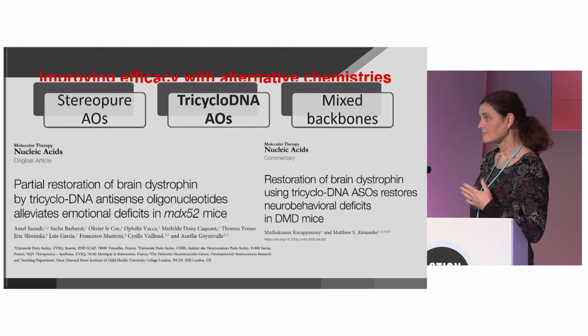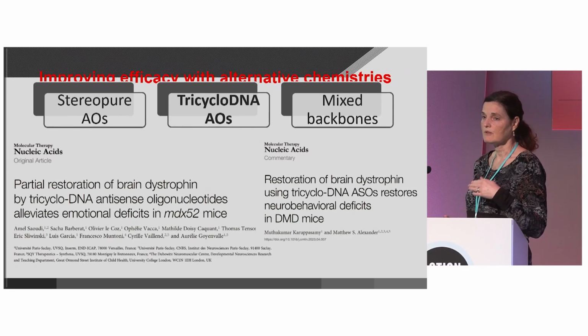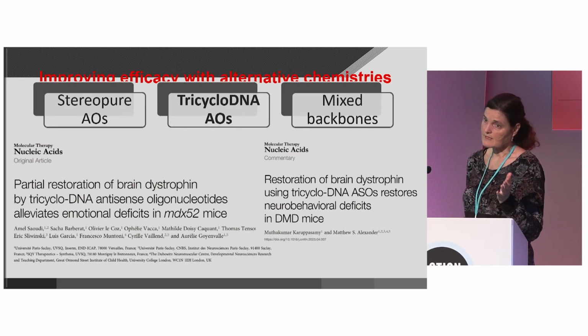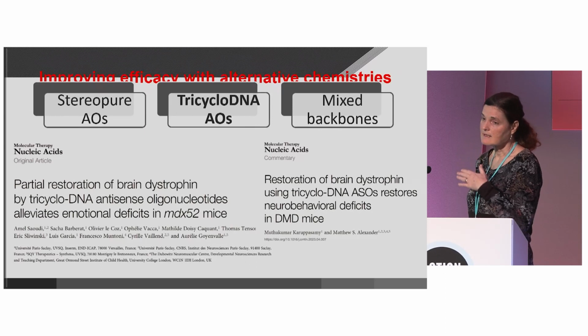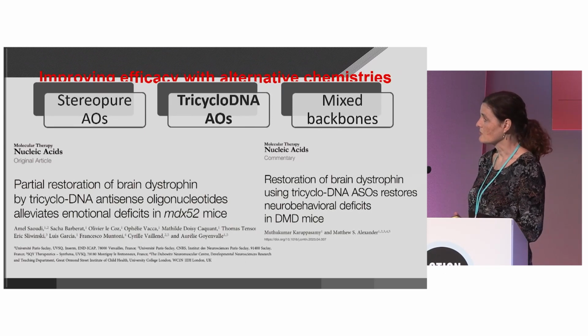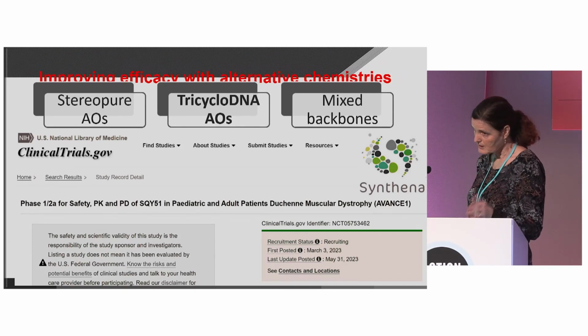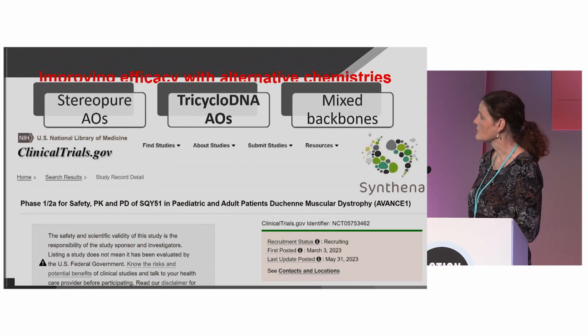And they've done lots of work, and they show that the antisense crosses the blood-brain barrier and restores dystrophin expression in the brain, and that it has a positive effect in the mice that are treated, ameliorating the emotional deficits. So again, this is a really important step forward for the use of antisenses for Duchenne.